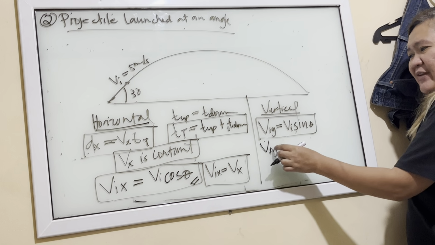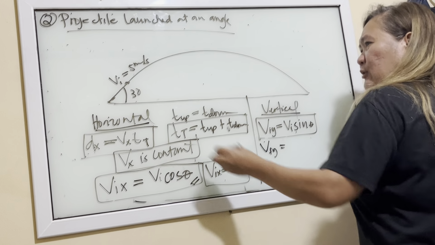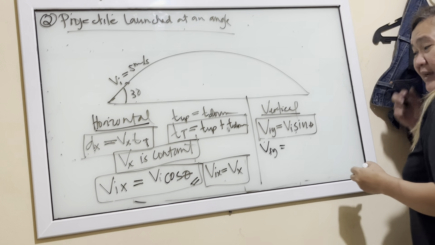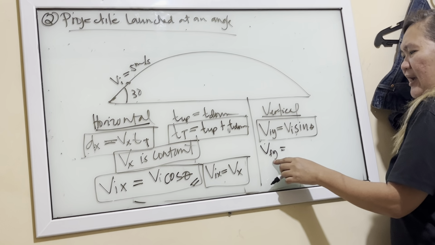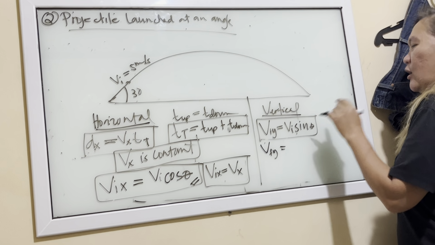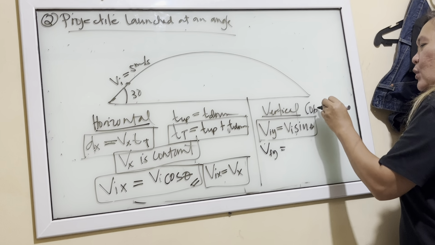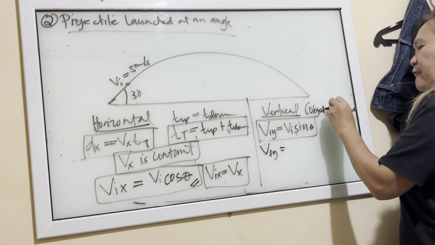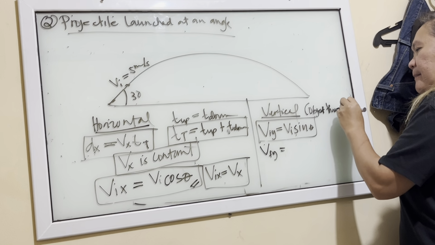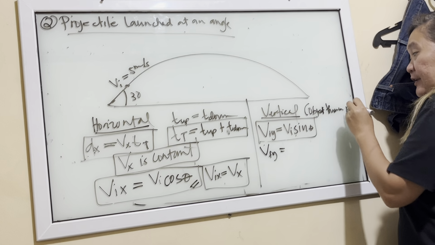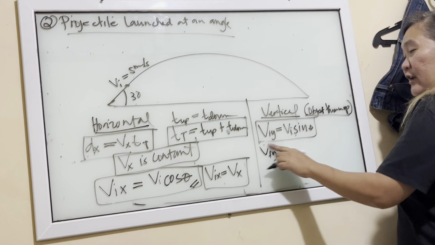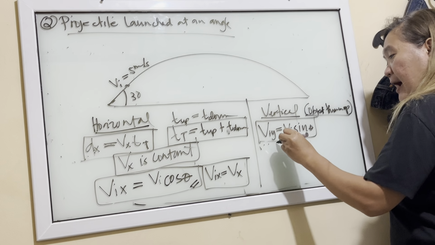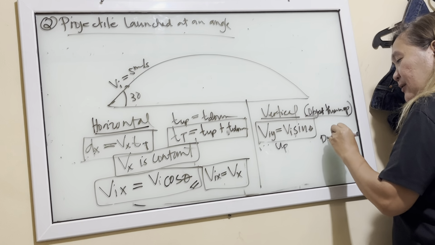Your V sub Fy, ito ay up and down. Okay? Up and down yan. So, ibig sabihin, parang ito ay similar to object thrown up. Lahat ng formula ng object thrown up, applicable dito. So, meron tayong formula for up and down.